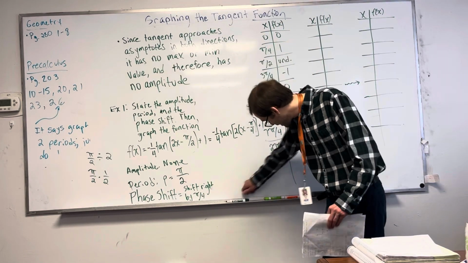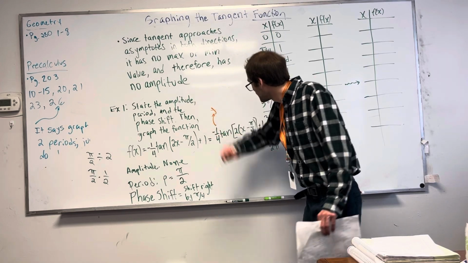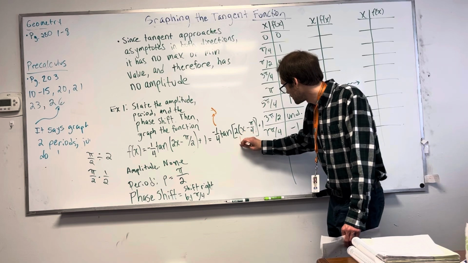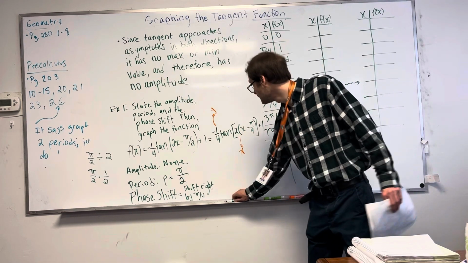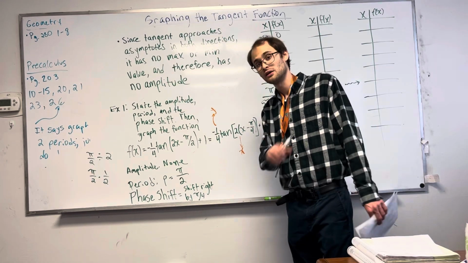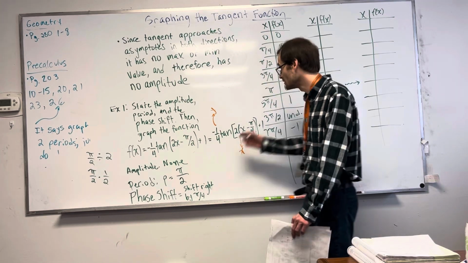Numbers on the outside affect the y-coordinate, and numbers on the inside affect the x-coordinate. So the first thing I'll do in our table is multiply the y-coordinate by -1/4. Remember, the numbers on the outside behave. I don't need to take a reciprocal or anything.